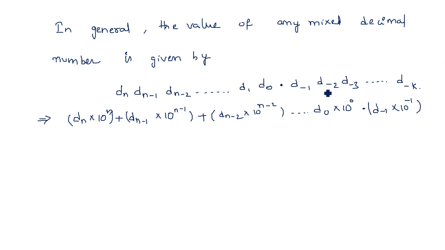Whatever digit is in a place is multiplied by 10 to that place's power, again plus d minus 2 into 10 power minus 2 and so on.